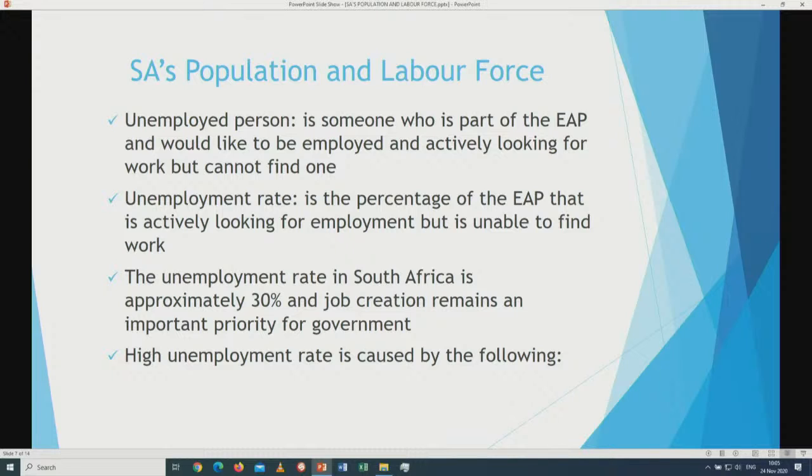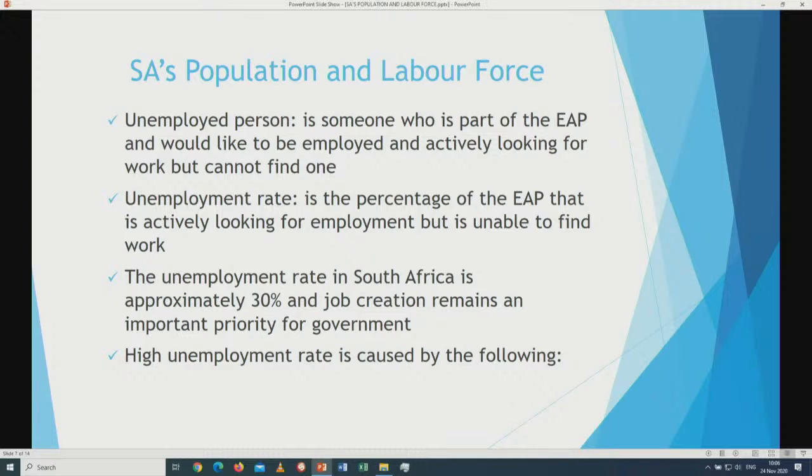And we are amongst the highest in the world in terms of unemployment, right? And we looked at the unemployment rate, which is the percentage of the economically active population that is actively looking for work but is unable to find employment.